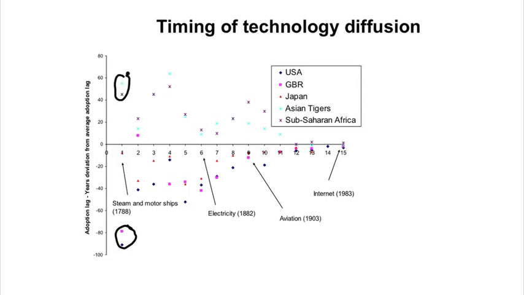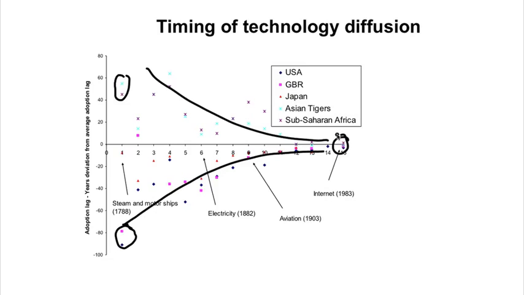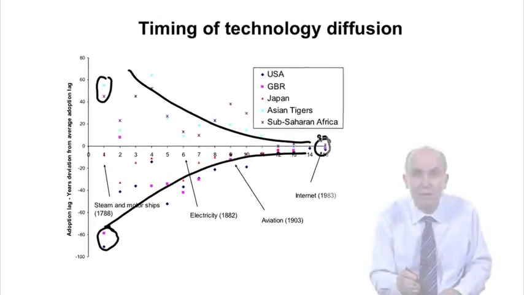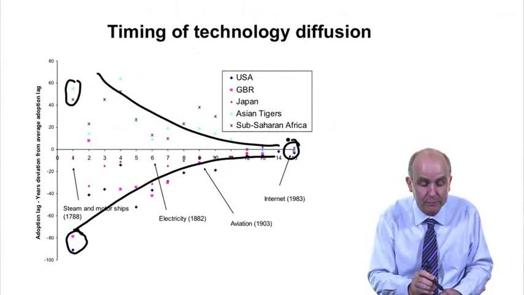One thing you can see from this graph is that as time goes on, the dispersion in the time of adoption becomes less. So when we get down to the internet today, all of these countries and regions adopted the internet at pretty much the same time.